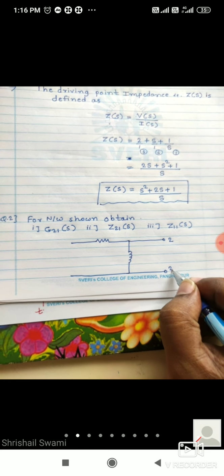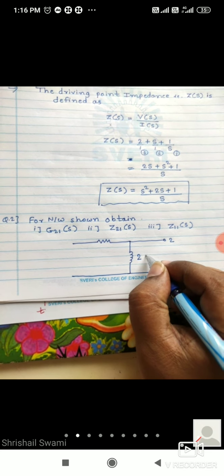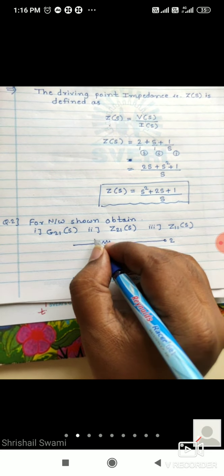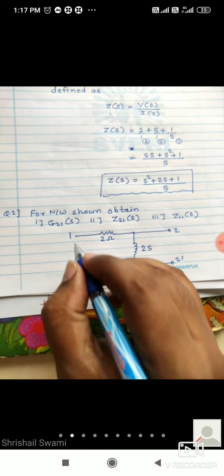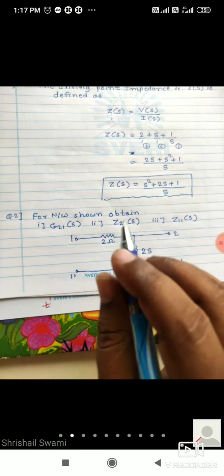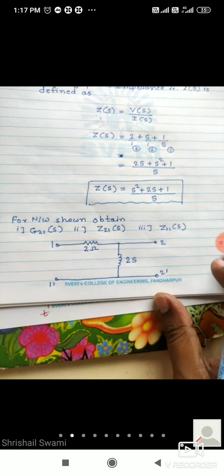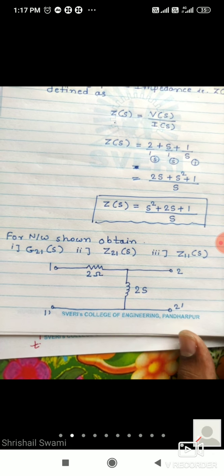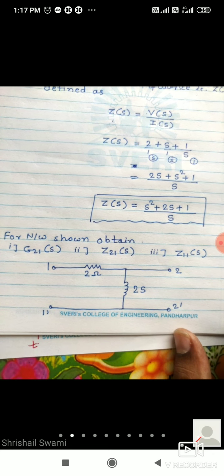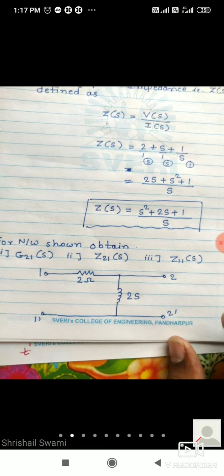This is 2 dash, this is 2S, this is the 2 ohm, this is 1 dash. So this is the question asked for 4 marks: for the network shown, obtain G21 of S, Z21 of S, and Z11 of S.